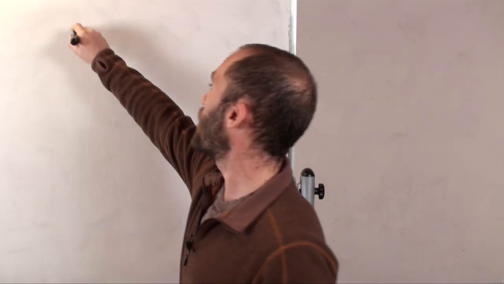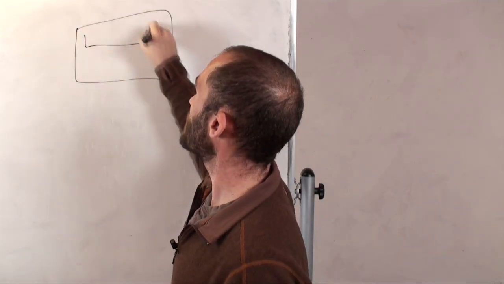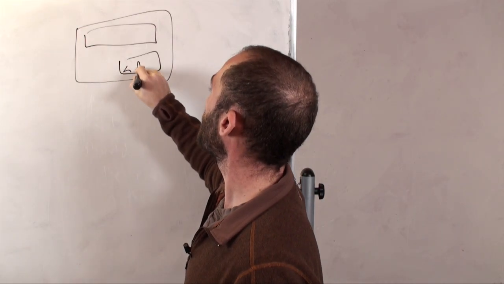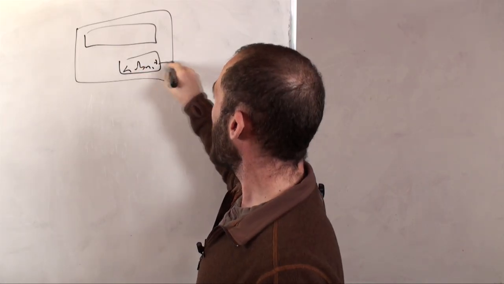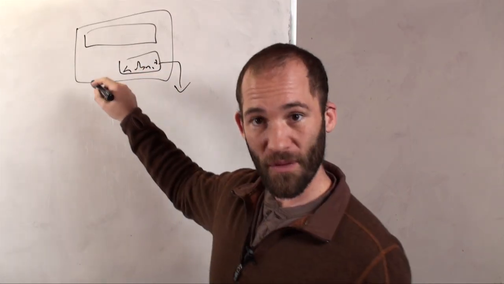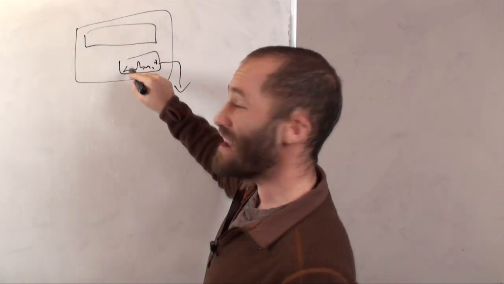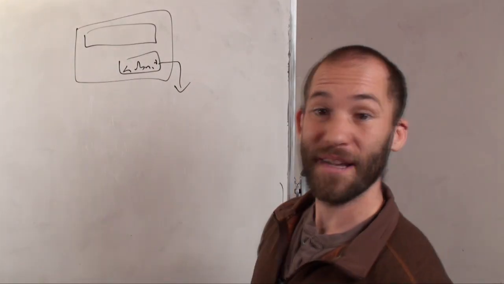So let's say we're talking about this newsletter program again. So we have this text box and we have the submit button, right? So basically, if we're going to write pseudocode for the submit button, we want to say, when I click the submit button, what do I want to have happen?